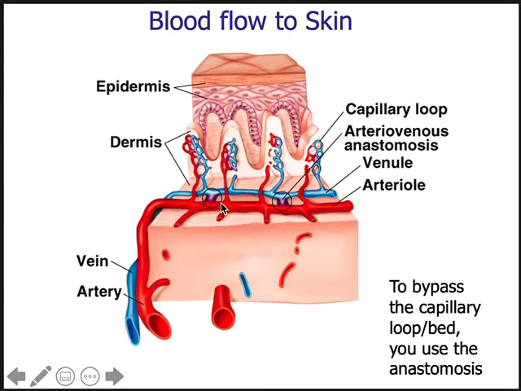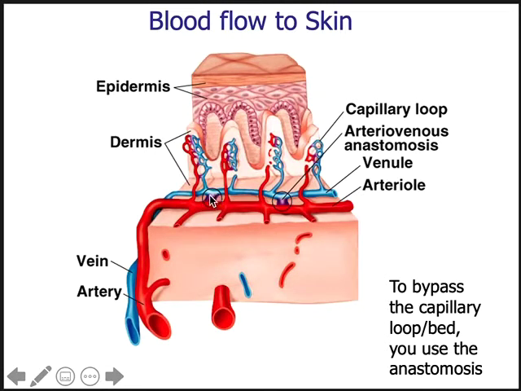But you also have these connections here called anastomosis, or anastomoses when we say plural. And this can help you decide how much blood you want to actually send into the capillary loop. So perhaps you're experiencing a drop in body temperature. Maybe it's very cold outside and you don't want to send as much blood to the epidermis because it cools off your blood and you want to maintain your body heat.